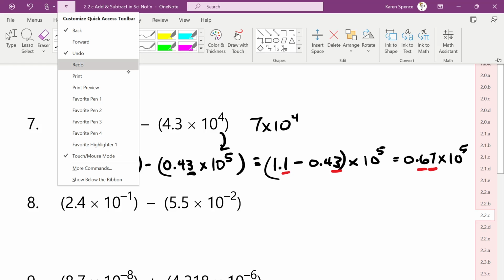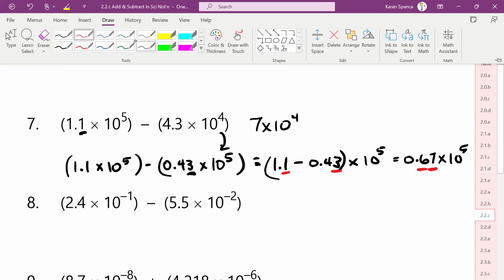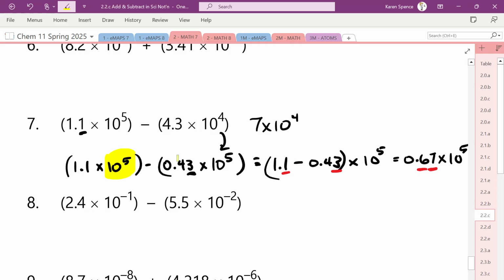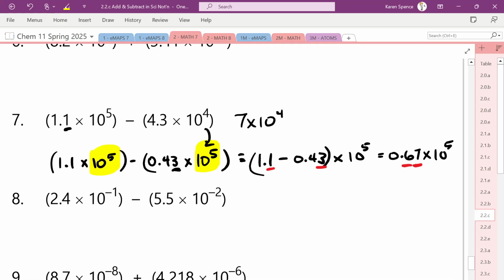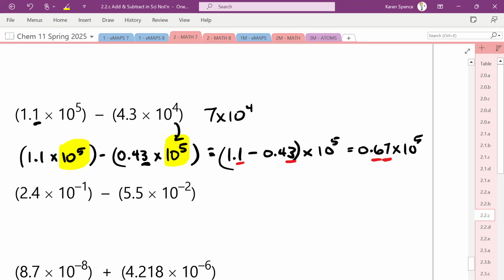Okay, so that we've got both of them times 10 to the 5. Or if you did 10 to the 4, that's also good. You could have changed it the other way as well. And then you factor out your coefficients. And then you do the subtraction and get 0.67.